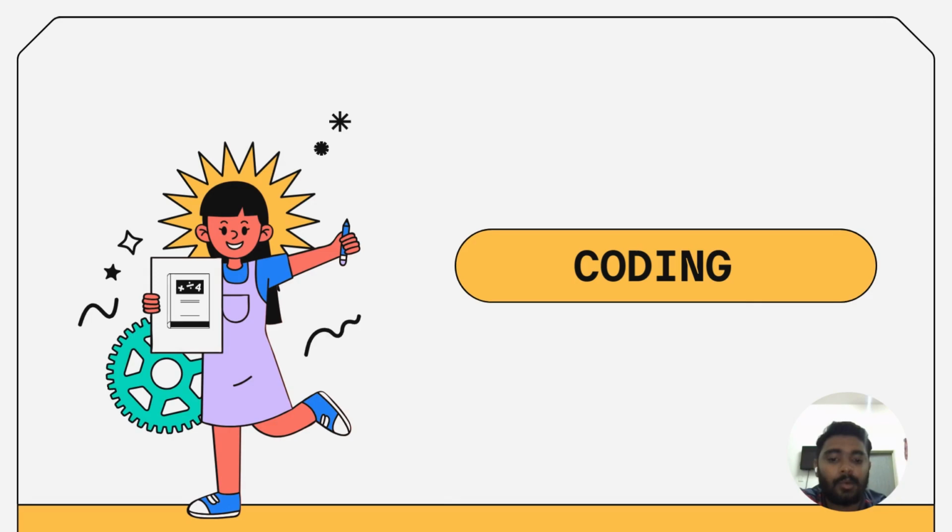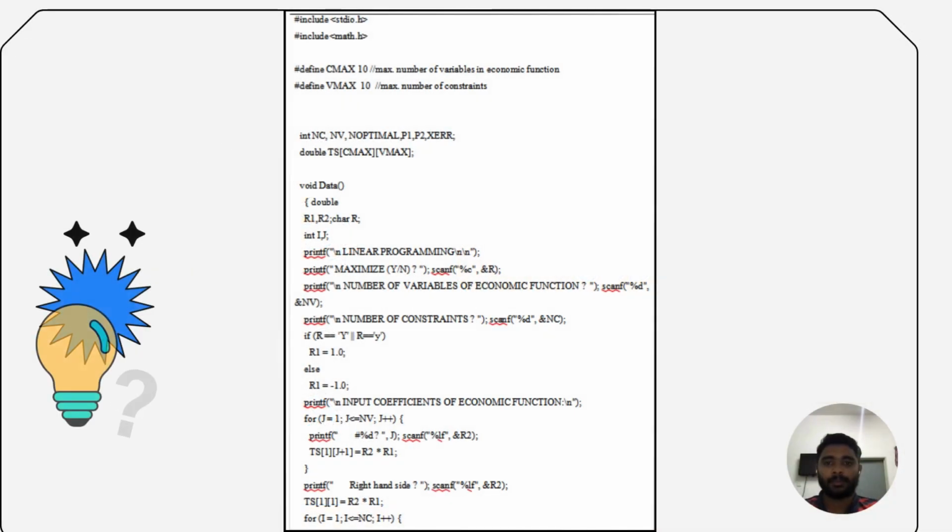Next, I'll be presenting the coding that we have done in a C program. Now I'll be explaining the coding. The first line is #include <stdio.h>, which includes the standard input output library for input output functions.